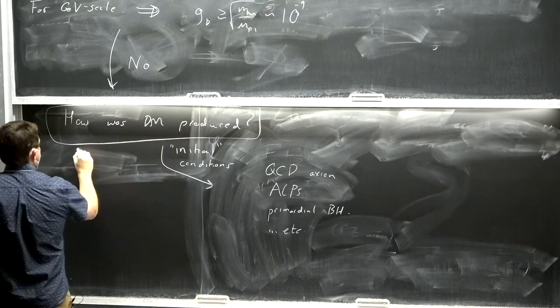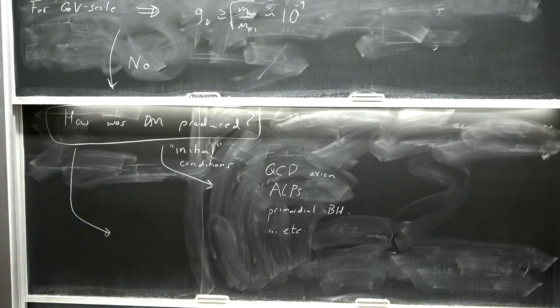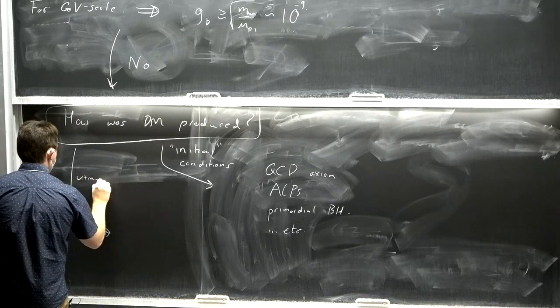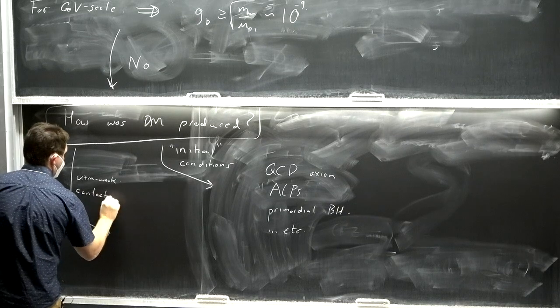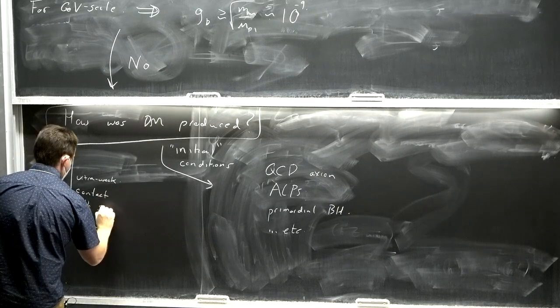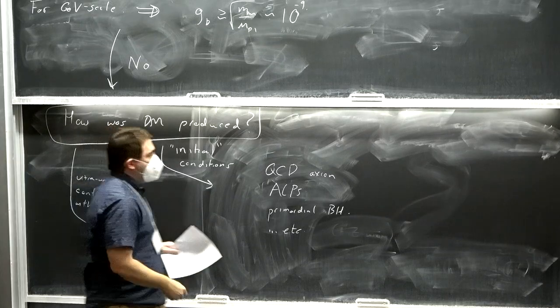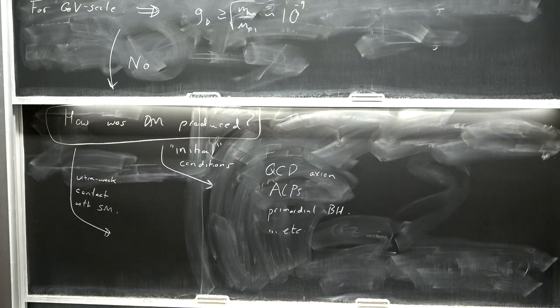But there's another interesting class as well, which is you don't use, they're admittedly sensitive to the initial conditions, but instead you use ultra-weak couplings. Ultra-weak contact with the SM. And so even though you don't equilibrate with the standard model, you have some amount of energy density and entropy that can leak in over time.